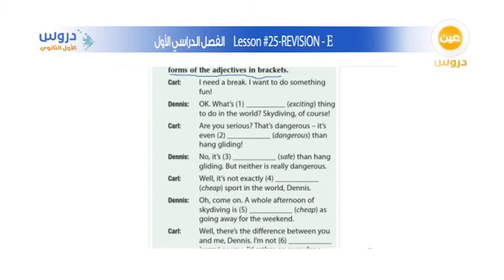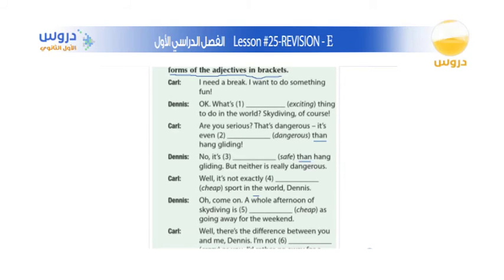The cheapest, right? Perfect. That's great, Miss Yasmin. Very good answer. The cheapest sport in the world, Dennis. Perfect. So, the cheapest here, because it is superlative. Yes, you are absolutely right. And then the words the world here are the key.